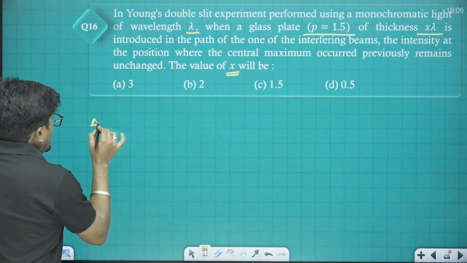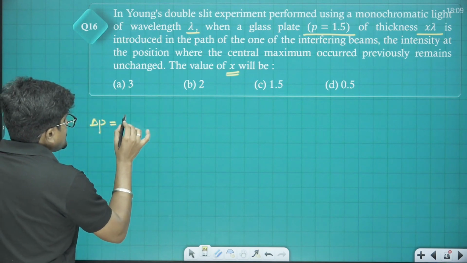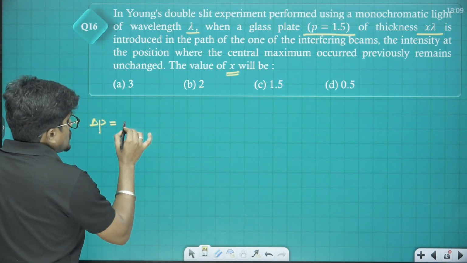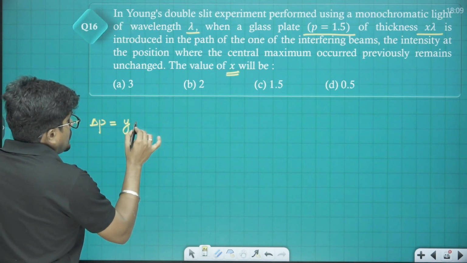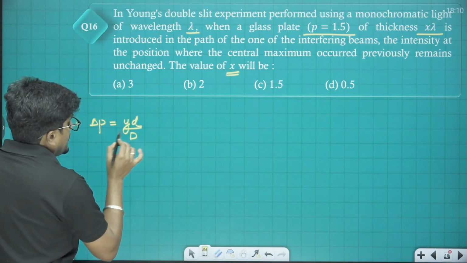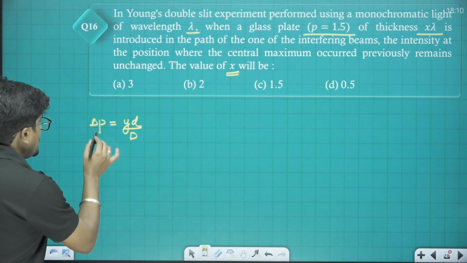We all know that delta P is supposed to be y into small letter d all divided by capital D, isn't it? Fine.